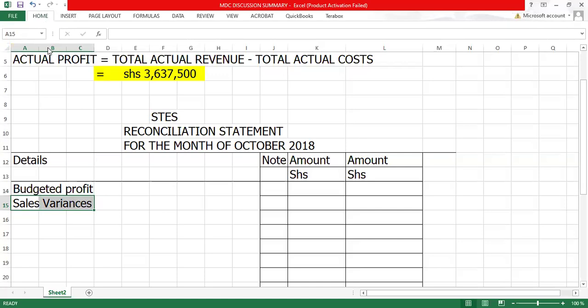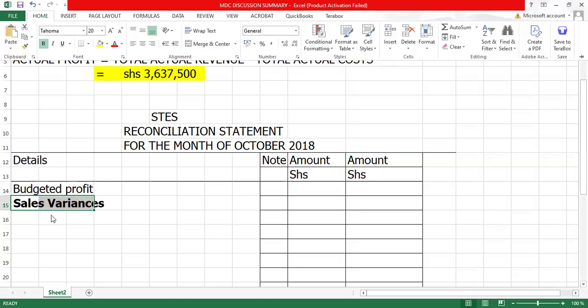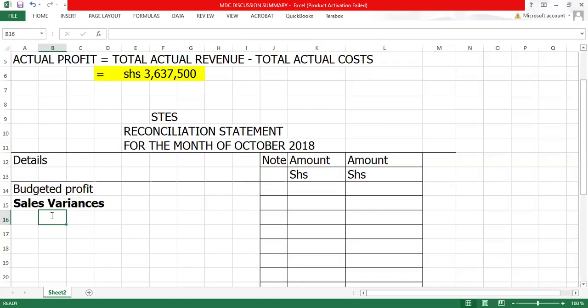When you're looking at sales variances, we have the sales price variance. Then we have the sales volume variance. You need to do those workings for the two.